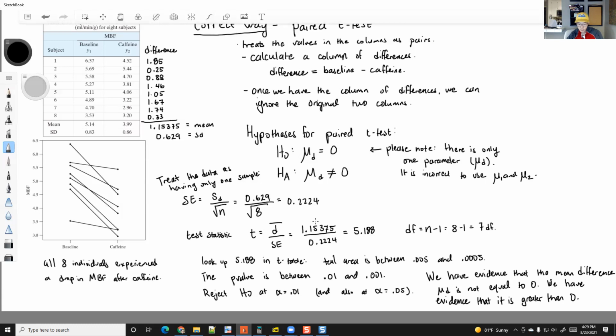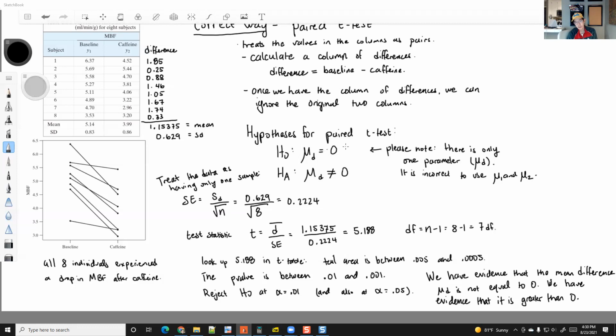Okay, and so we would say we have evidence that caffeine does make a difference to myocardial blood flow, even at the 1% level. Okay, how do we know it is not 0? Well, our null hypothesis was that the mean difference is 0.